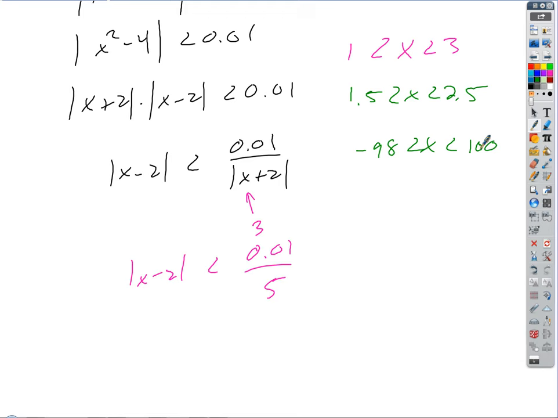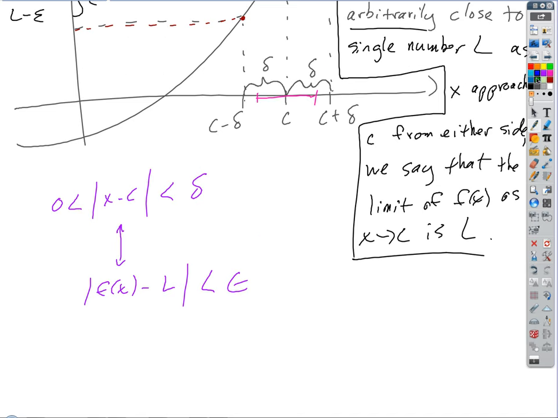I know it's gonna work, because for any value between negative 98 and 100, putting in 100 is the most conservative. So it's gonna give me a really small answer. It would have been equivalent to going up to this guy and saying, okay, now delta's gonna be really tiny, but it's still gonna work, because we made the delta even smaller than it could have been, right?